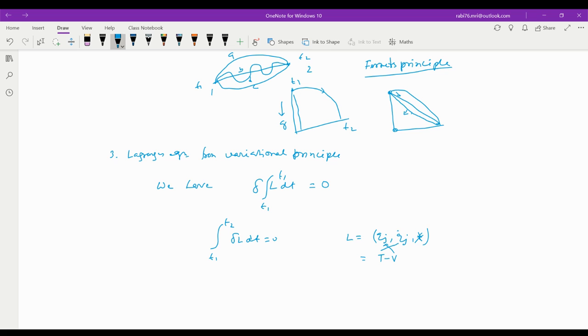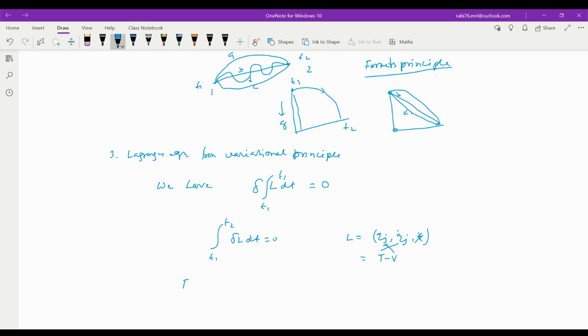But if you want to include time here, then T will be a function of both qj dot and qj also, but V will not be a function of qj dot for a conservative system.